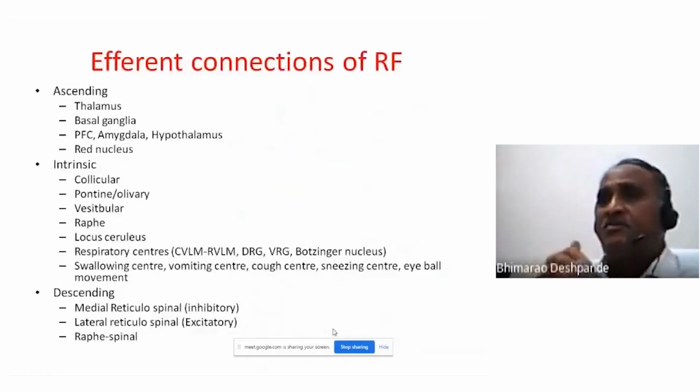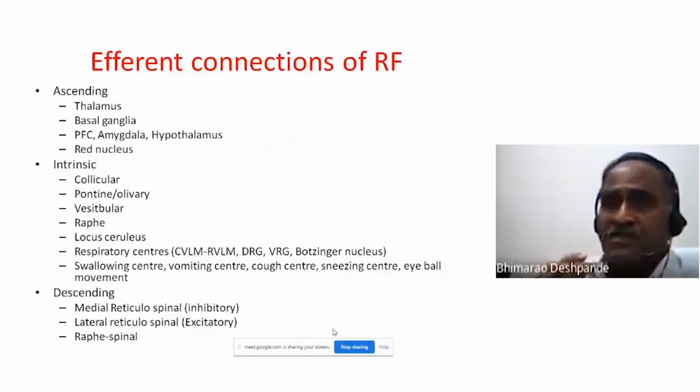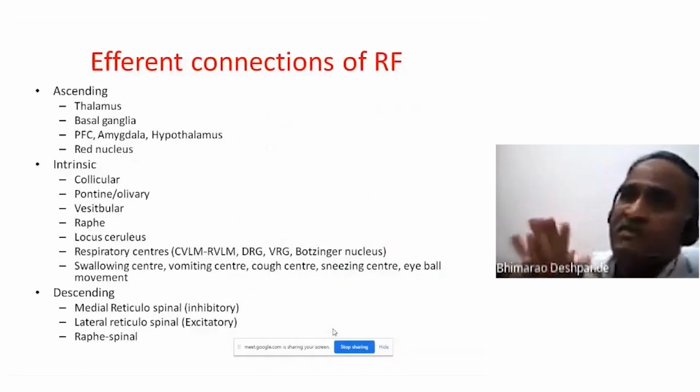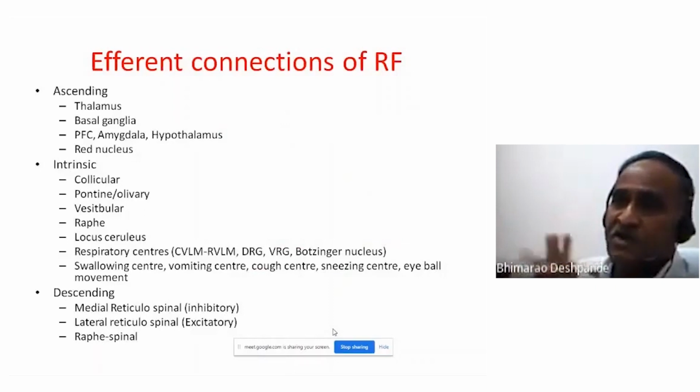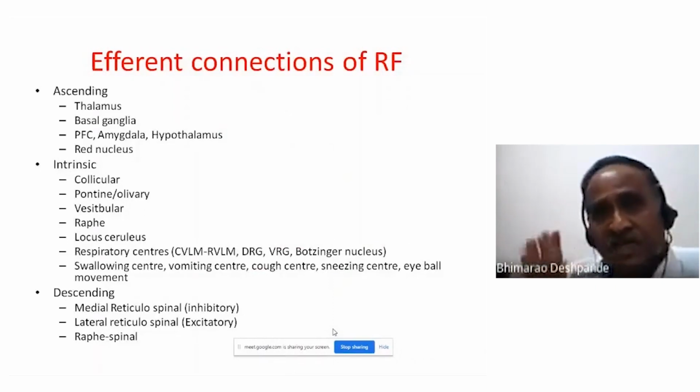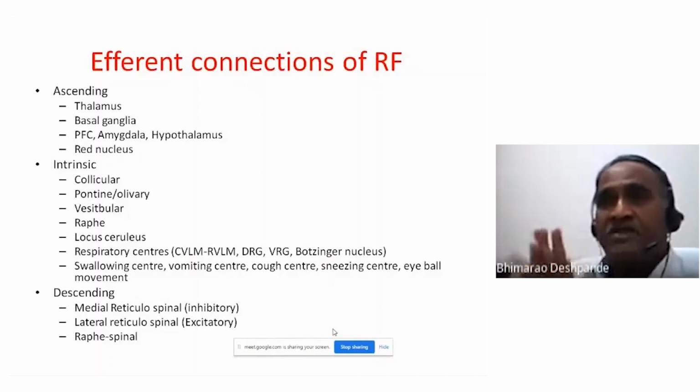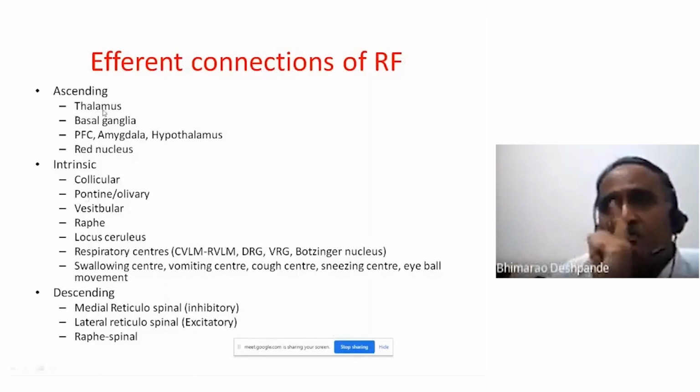Efferent connections of the reticular formation. I have already mentioned these efferent connections when talking about the intrinsic, ascending, and descending projections; again, I highlight them. We have the ascending one from the reticular system to the thalamus, the reticulothalamic tract.